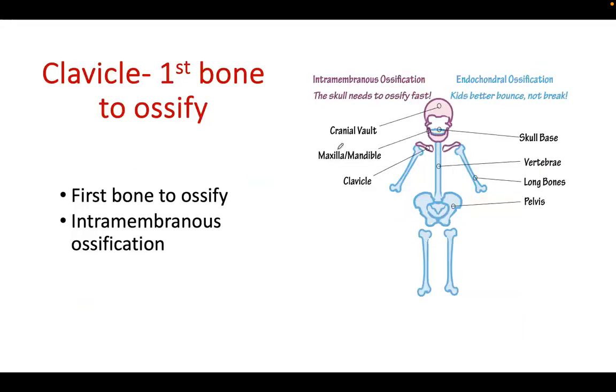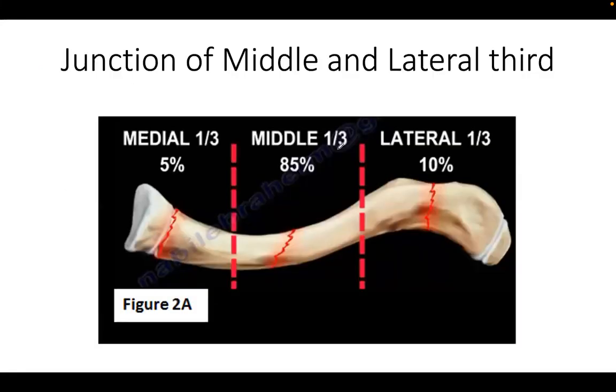Now, what's the first bone to ossify? It is the clavicle, and this is through intramembranous ossification. Please take note of that. Now, where is the most common location of a clavicular fracture?